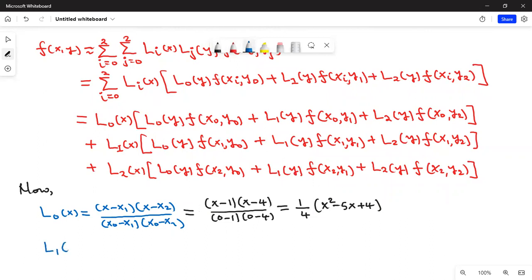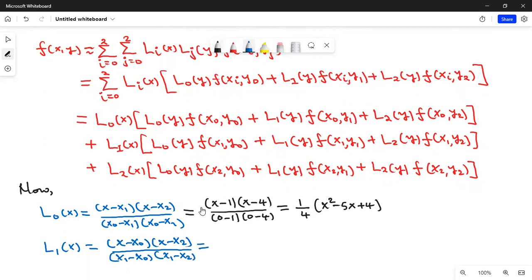Do the same to get L1. L1 of x is equal to x minus x0, x minus x2, over x1 minus x0, x1 minus x2.